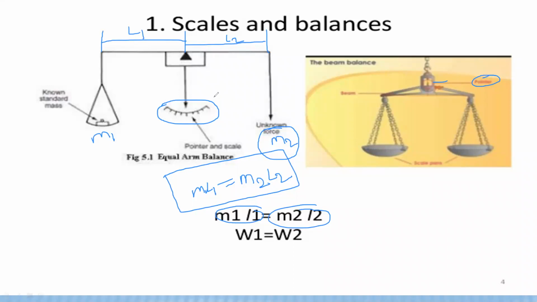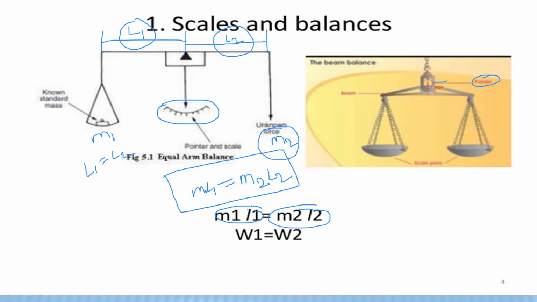When the equal arm beam balance is in equilibrium position, what is the condition? M1 L1 is equal to M2 L2. You can see in equilibrium position, L1 and L2 are the same distances. Then L1 is equal to L2.